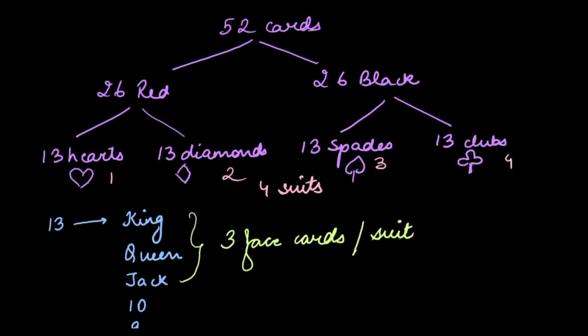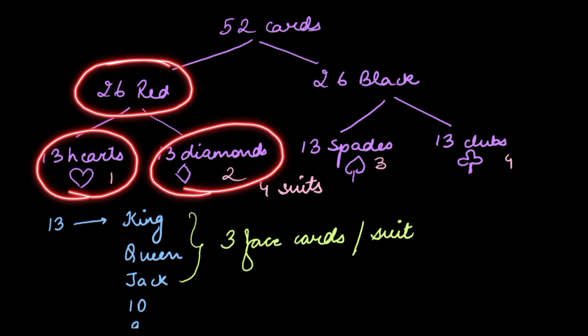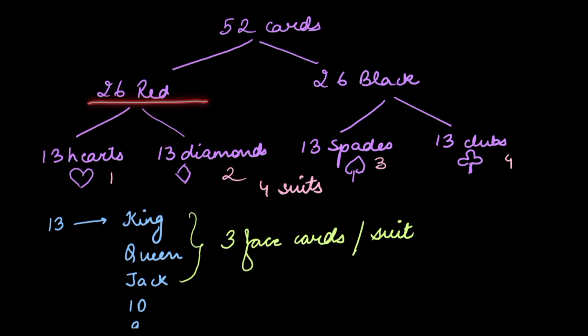Now, these 26 red cards are further divided into hearts and diamonds. Of the 26 red cards, 13 have a heart symbol on them and 13 have a diamond symbol on them. And of the 26 black cards, 13 are spades and 13 are clubs. A heart is always red in color, diamond red, spade black and club also black.